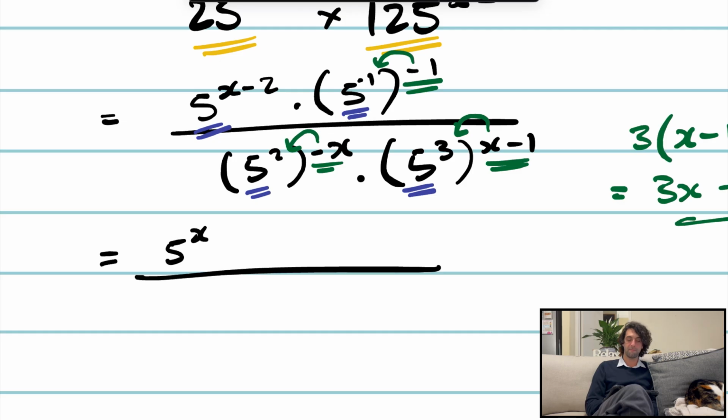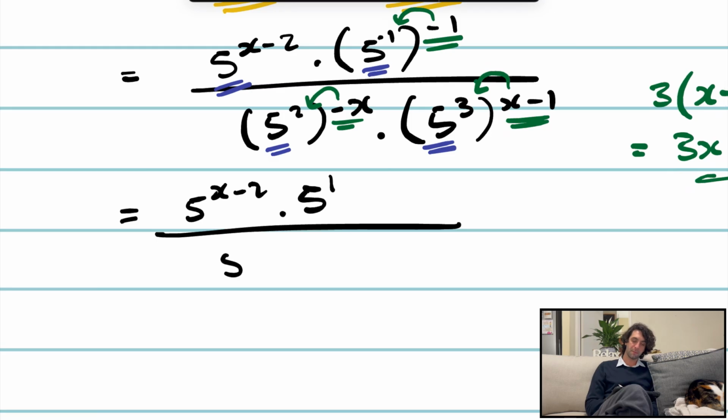We have 5 to the power of x minus 2 multiplied by 5 to the negative 1 to the power of negative 1. A negative 1 times a negative 1 is just going to give me a 1. So that's just multiplied by 5, and you can put it to the power of 1 if you want. This one's going to become 5 to the power of negative 2x. And this one's going to become 5 to the power of 3x minus 3.